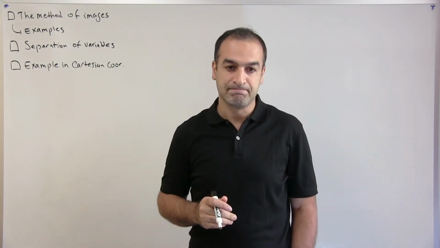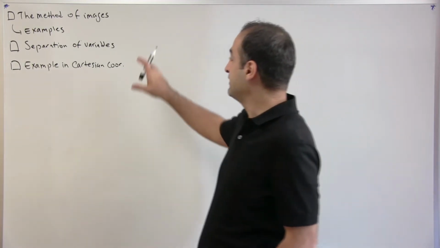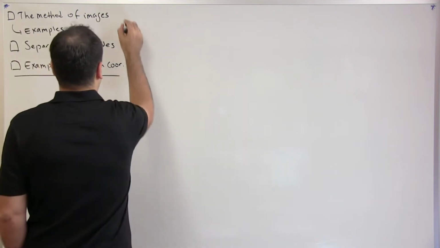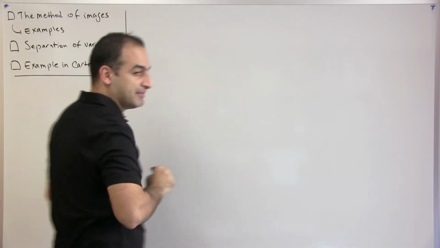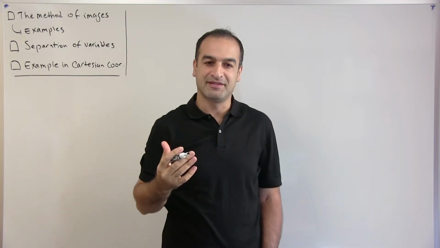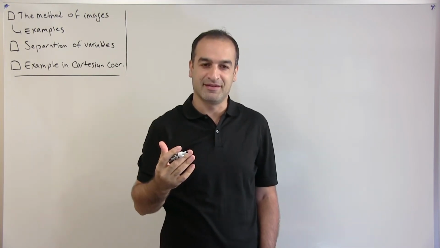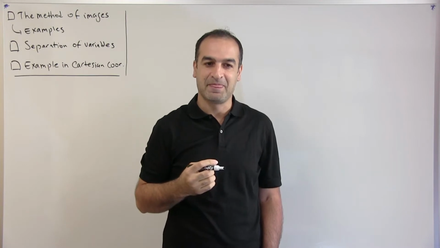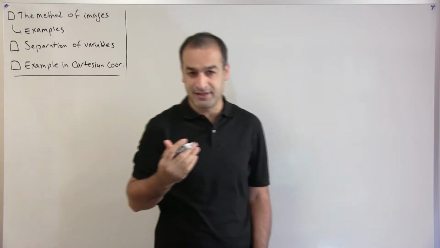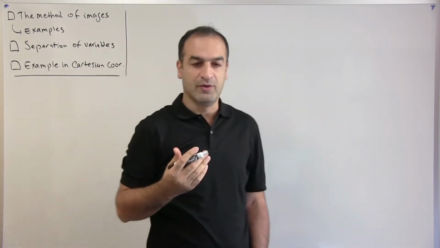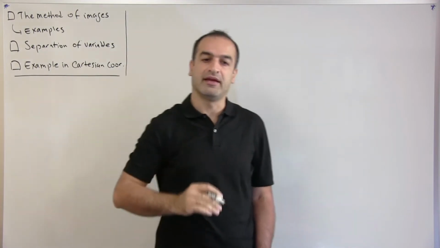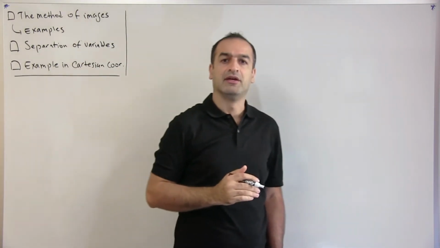Sounds good? Okay, so shall we go to the method of images? Do you remember the general idea of the method of image we talked about last Thursday? This is useful when we have a conductor, or later on we will see that some insulators, depending on the dielectric constants, could be useful too.